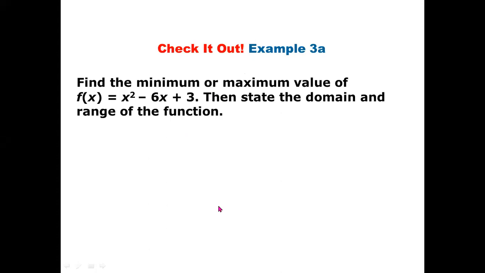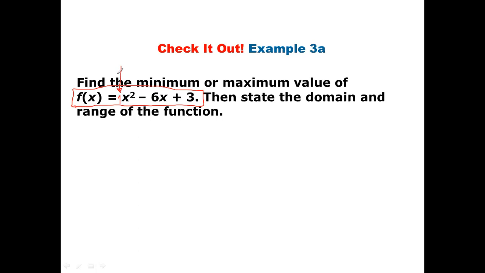Now, in this example, we have the function of x equals x squared minus 6x plus 3. Take note, the coefficient of x squared here is 1, and that is positive 1.